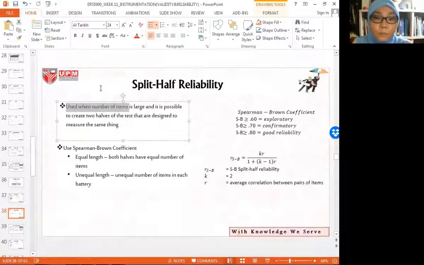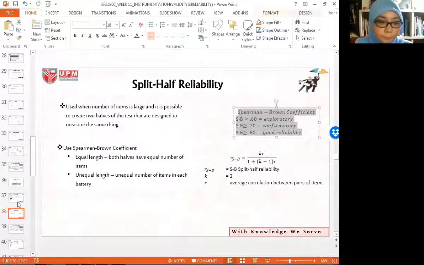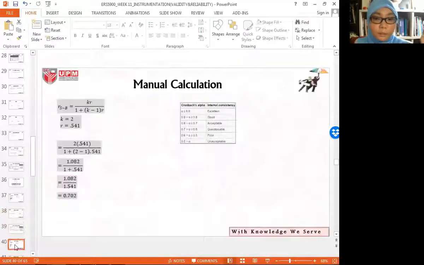You split half the items, and then you correlate the first half and the second half. Okay, sama juga. So dia punya bacaan. Itu saja untuk reliability.